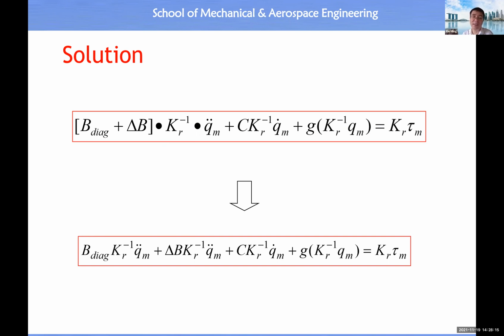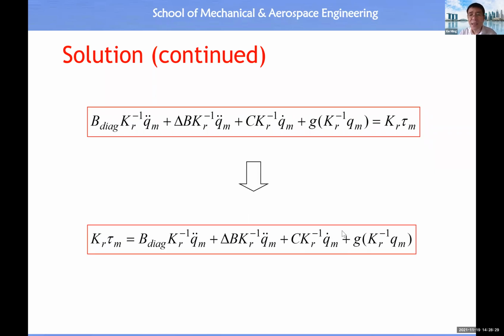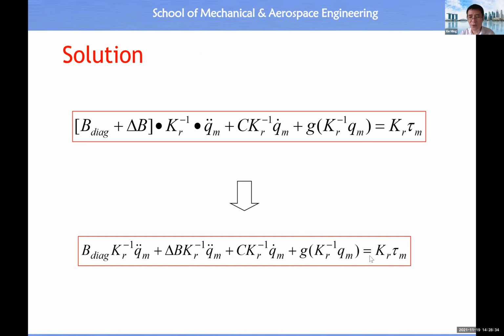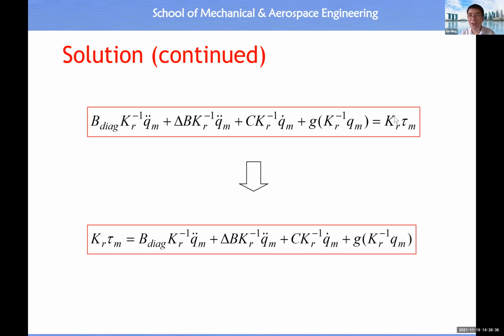I guess in tutorial 4 you will see the usefulness of having this expression. Then you have another second term with QM double dot, the rest remain the same. Then next is to swap the equality. So equality here, then we swap. Now this becomes the left-hand side, this becomes the right-hand side.